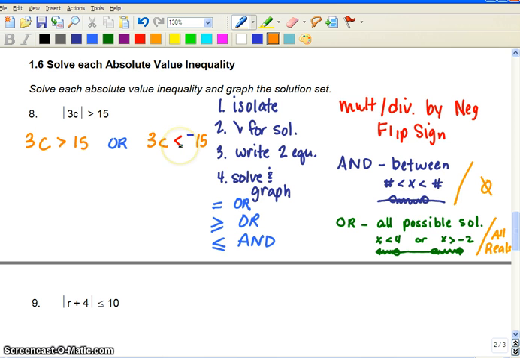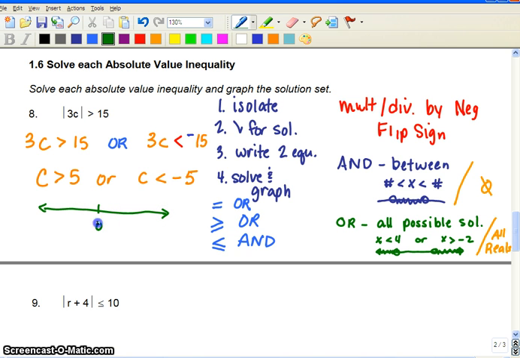Once you have it all set up, then you just solve it. So we're going to divide by +3. So c would be greater than 5, or c would be less than -5. So if we graph our solution, now it's an or problem, so we're thinking it's probably going to look like the ends of the graph. That would be perfect. Otherwise, we might get an all real. So we just graph it and see.